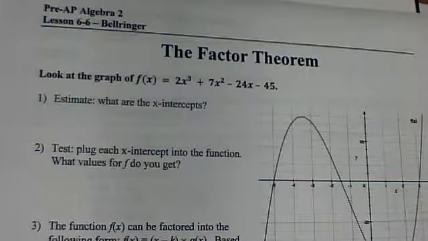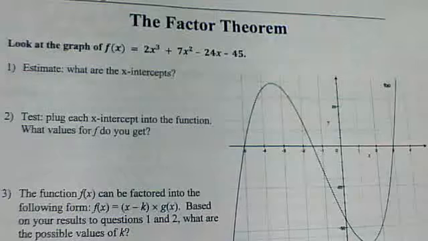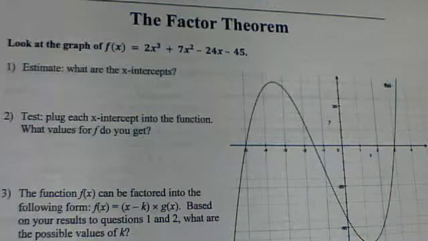In this lesson, we're going to look at ways to use the factor theorem to find all the factors of a polynomial and some shortcuts. Like, for example, we have the graph of this polynomial right here, and we want to see if we can spot any x-intercepts right off the bat.